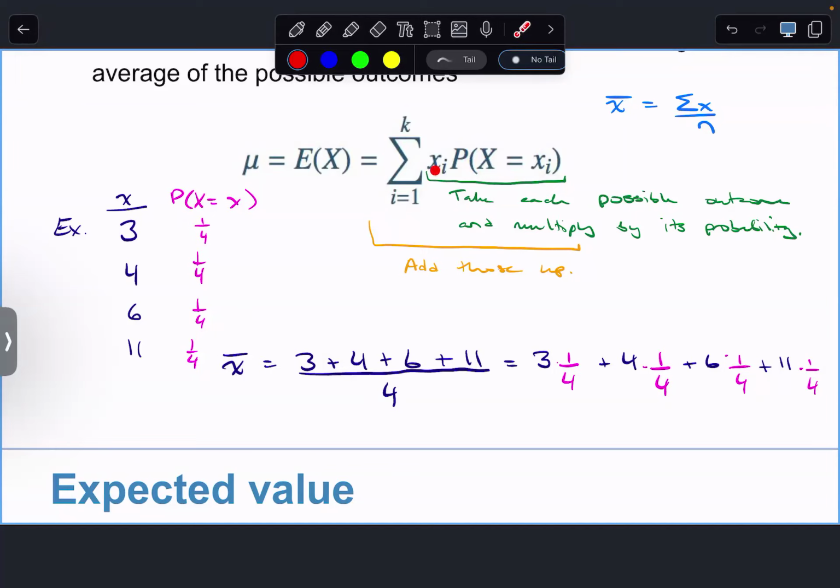Each of the x's gets multiplied by its probability of happening, add them all up, then you have the expected value, which is a weighted average of the outcomes. Yeah. So we're doing the same thing, just more elaborate, right?